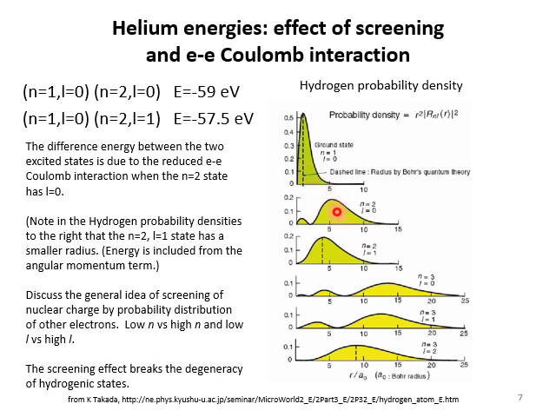And we need to make an adjustment to that effective charge that this electron sees. So that is the concept of screening. Electron probability inside of an orbital screens that orbital from the full nuclear charge and changes the wave function as a result.